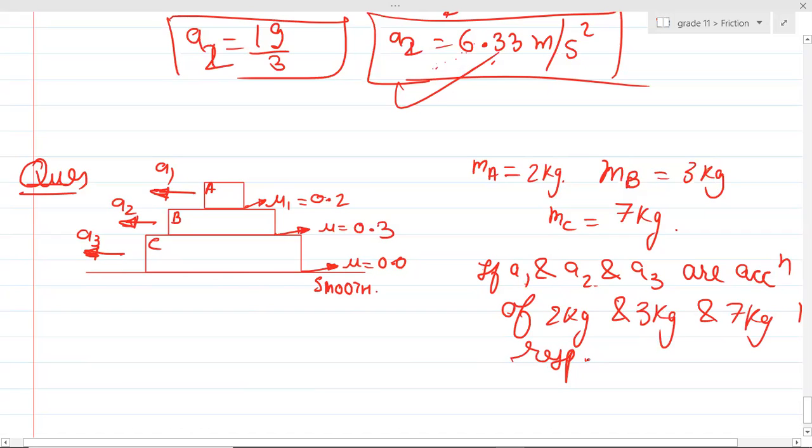Is this clear, guys? Yes, sir. If A1, A2 and A3 are accelerations of 2 kg, 3 kg and 7 kg respectively, find A1, A2 and A3.